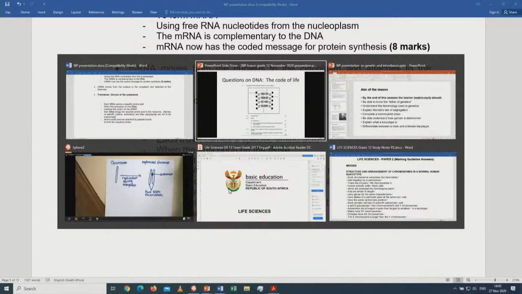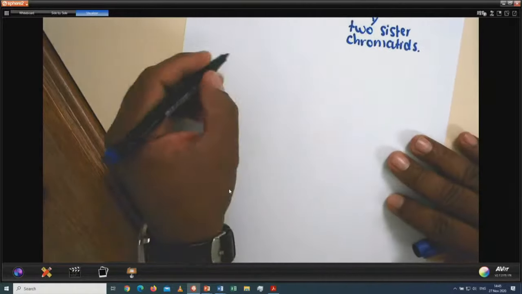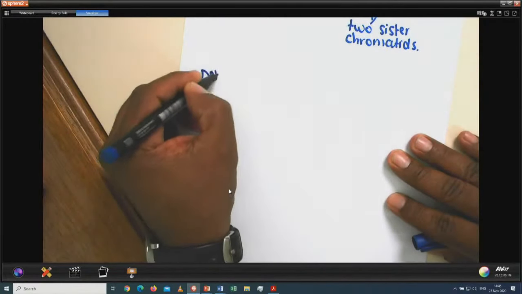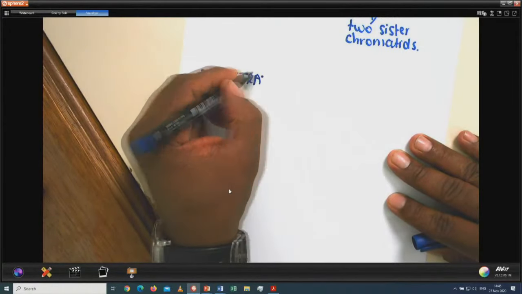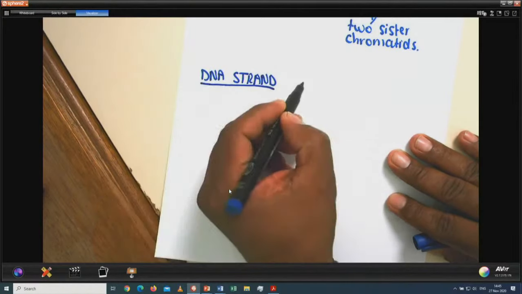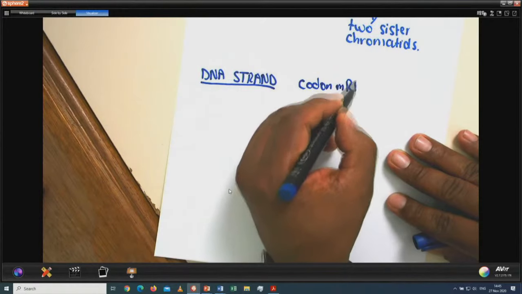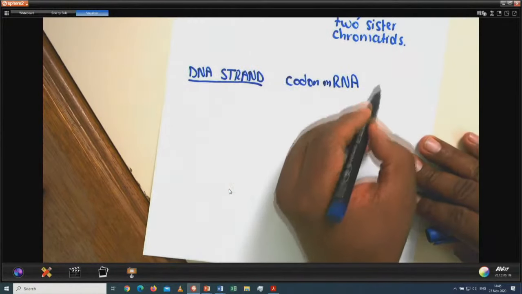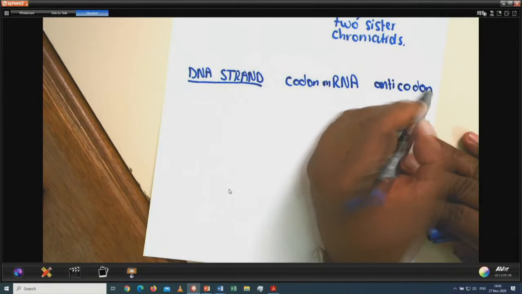Now, let's make an example: a DNA strand, and then codons on mRNA, and then an anticodon on tRNA.